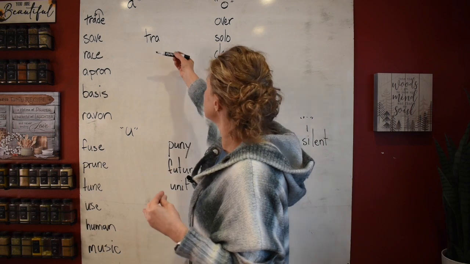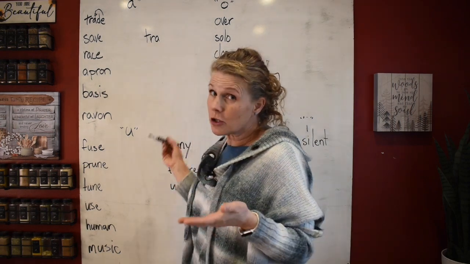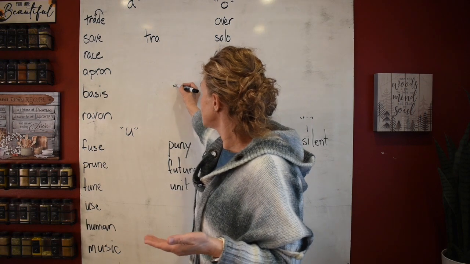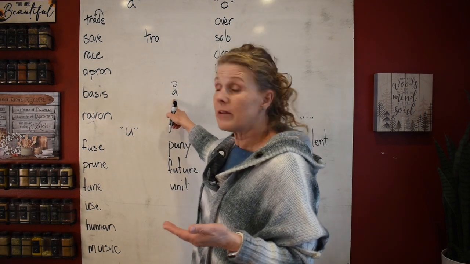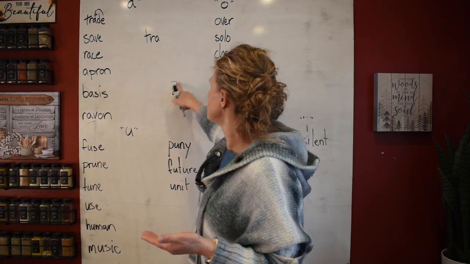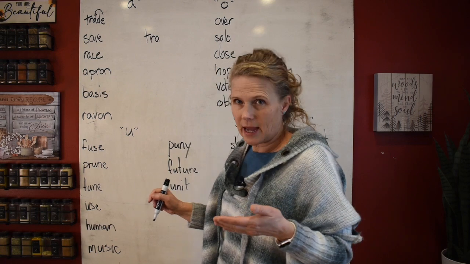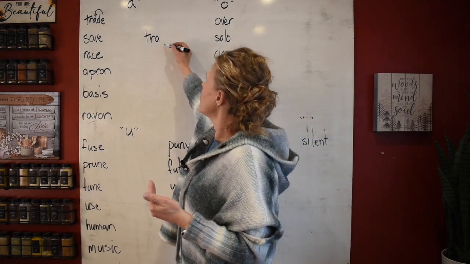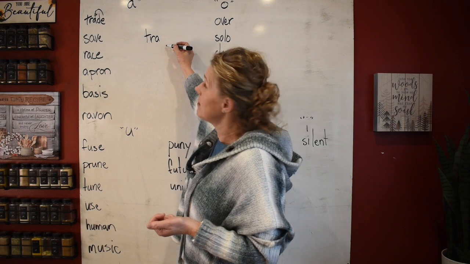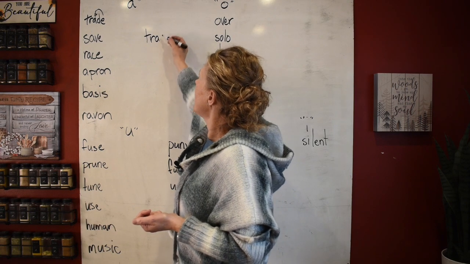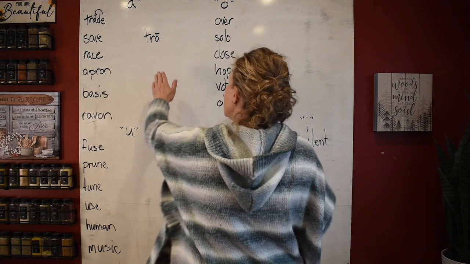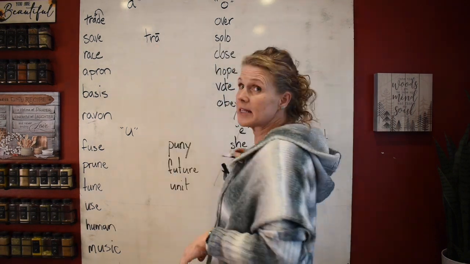Open syllables with A's can turn to schwa, but we're really focusing on the A sound. So this says tray, and so this is going to be long, and it's because it's open and it's accented.